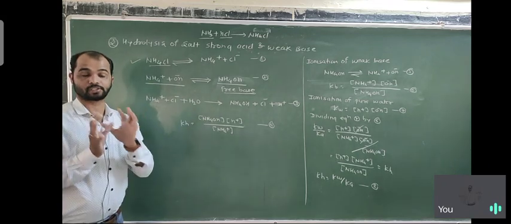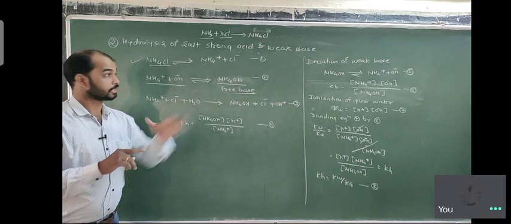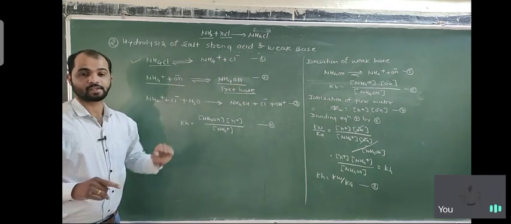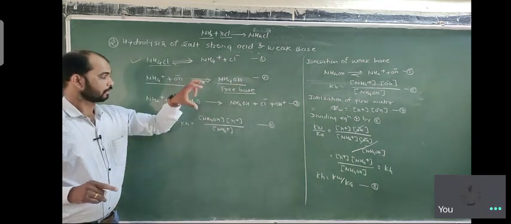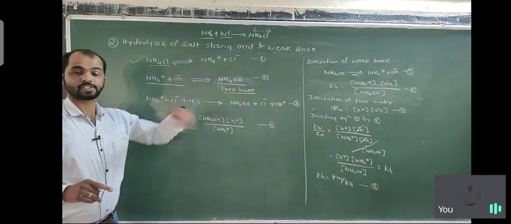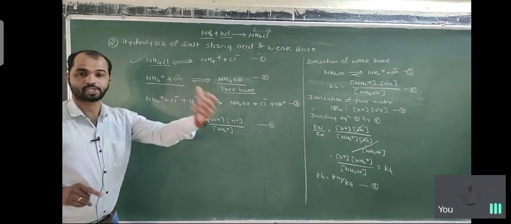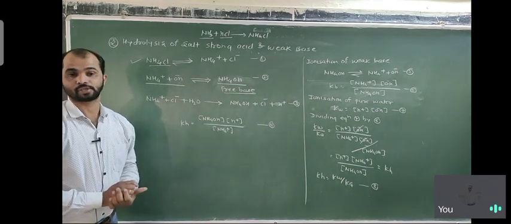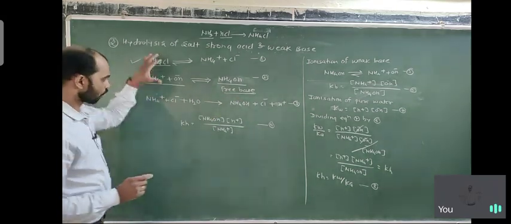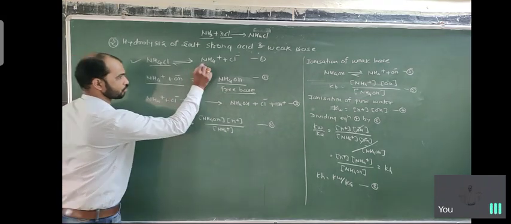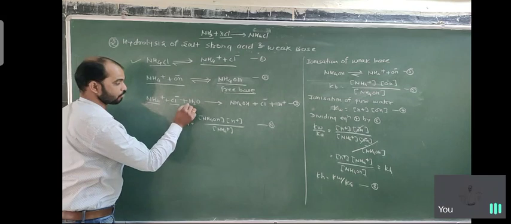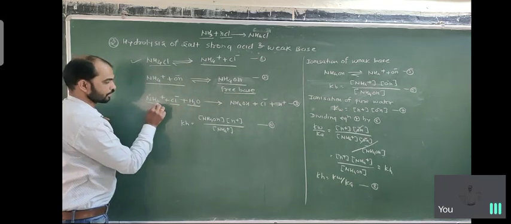So three things are there: the ions NH4 plus and Cl minus, water dissociated into H plus and OH minus, and then some free base, NH4OH, is produced. So overall, on dissociation there is NH4 plus and Cl minus. We add water to it. So this is the mixture.